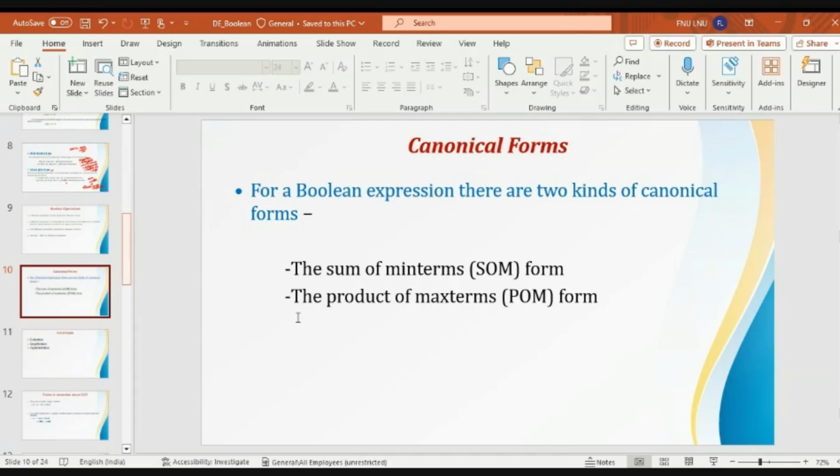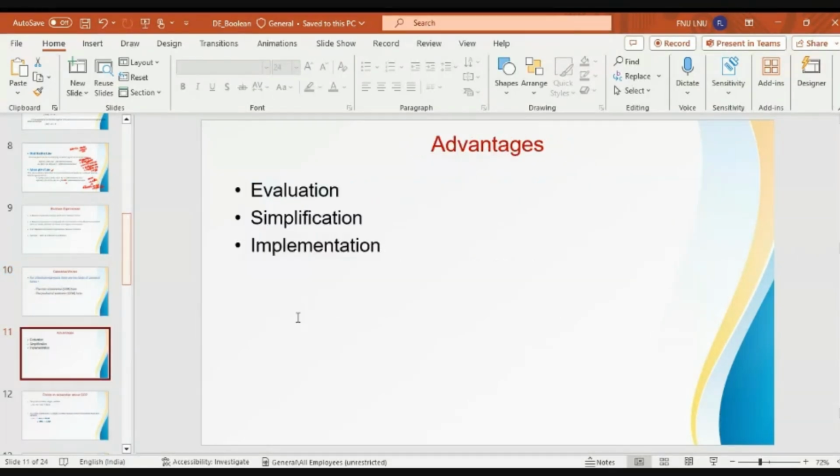Whatever forms we are using, these are for the complex circuits, so that we can solve them. The advantages of the canonical forms are evaluation: we can evaluate the circuits easily, and simplification and implementation are easy.